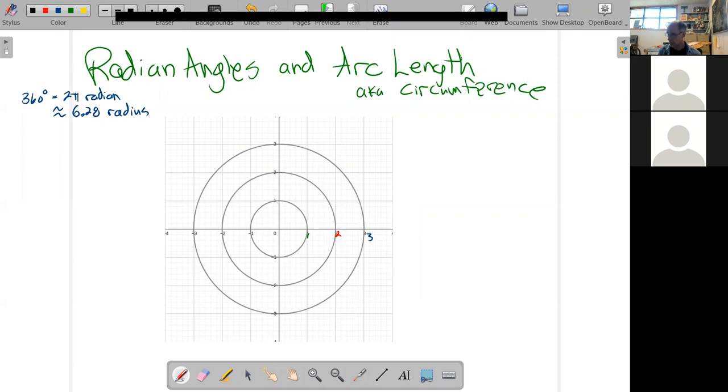And my claim was a radian literally means a radius of whatever circle you're on. So 1 radian is going to put us about here-ish. There-ish. So that angle I'm drawing right here is 1 radian.